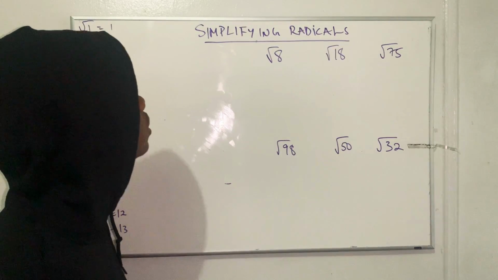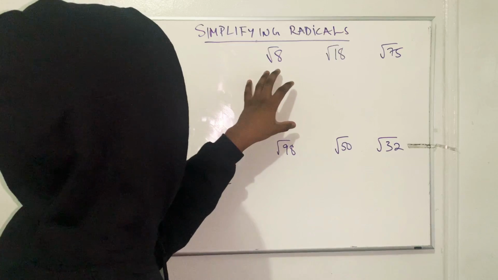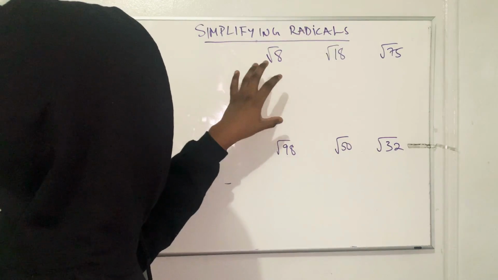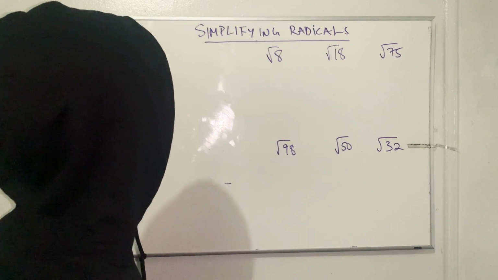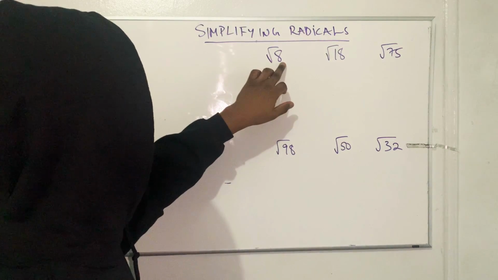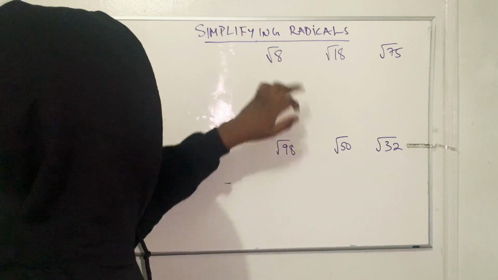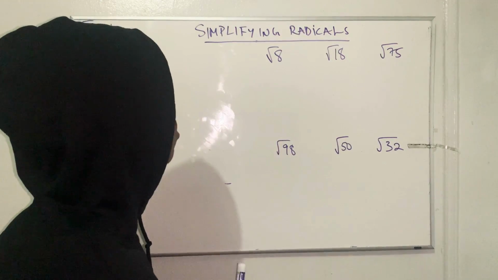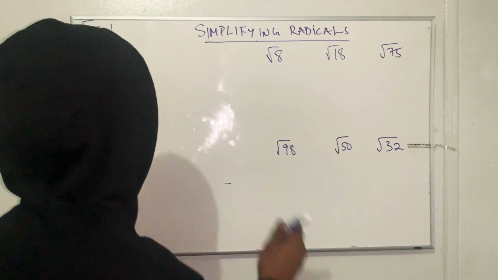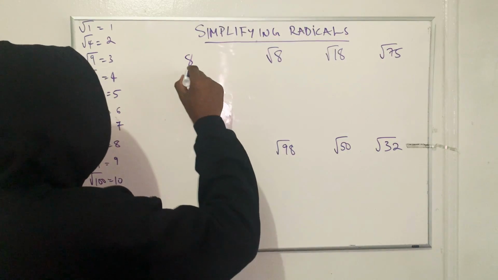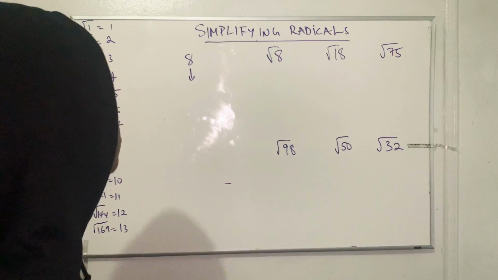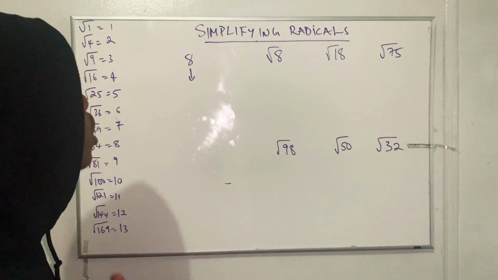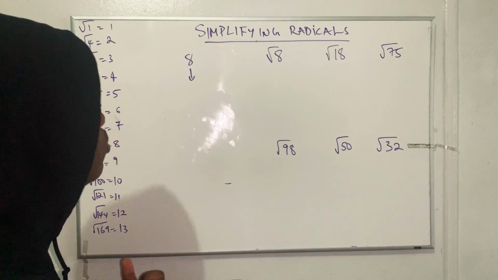But this root 18, when you simplify it, the first step of simplification is to break it down. So you think of the factors of 8. Which numbers are going to multiply to give 8? It doesn't have to be a number that multiplies itself, because we know there's no such number for 8.